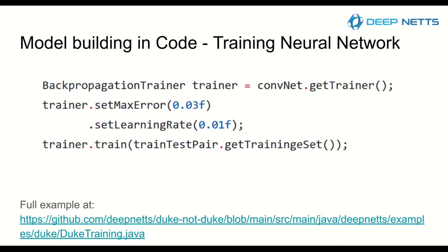The call to the train method with the training set finally invokes the training. The full code example of this training for Duke set is available on GitHub on the provided link.